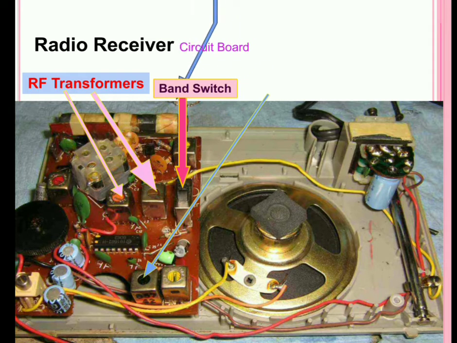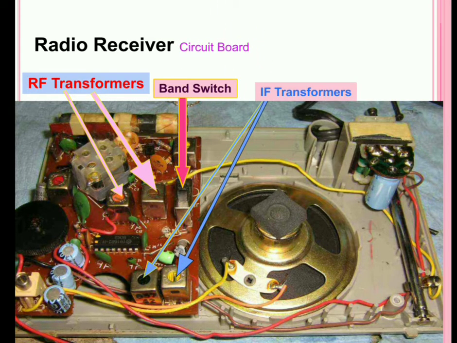Then here you can also see two more coils. They are the IF transformers. They are meant for the input side as well as the output side for frequency selective amplification.